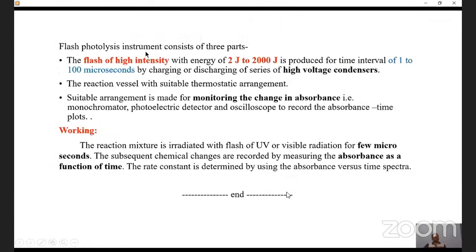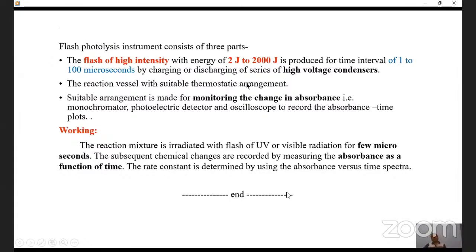This flash photolysis instrument consists of three important parts. The first part is a flash of high intensity with an energy of 2 joule to 2000 joule, produced for a time interval of 1 to 100 microseconds. How?